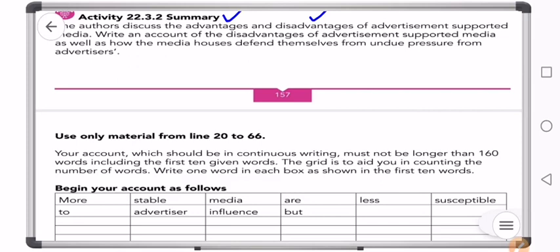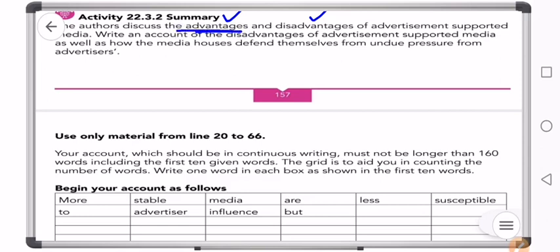So which means before you even had the exact summary question, or what the examiner is trying to instruct you to write about, you already know what the passage is talking about. The authors were discussing the advantages.